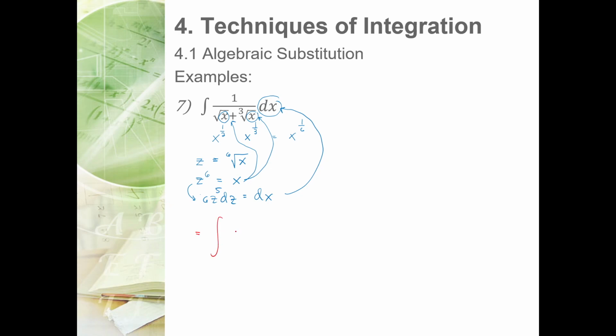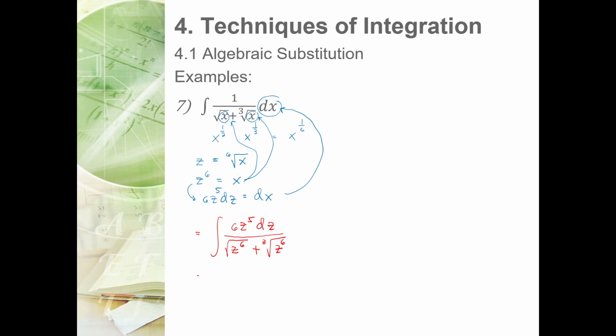Okay, so dx, let's put that one on top of the numerator: 6 z to the 5th dz. Square root, again my x variable is z to the power of 6, right? Then cube root of z to the power of 6.